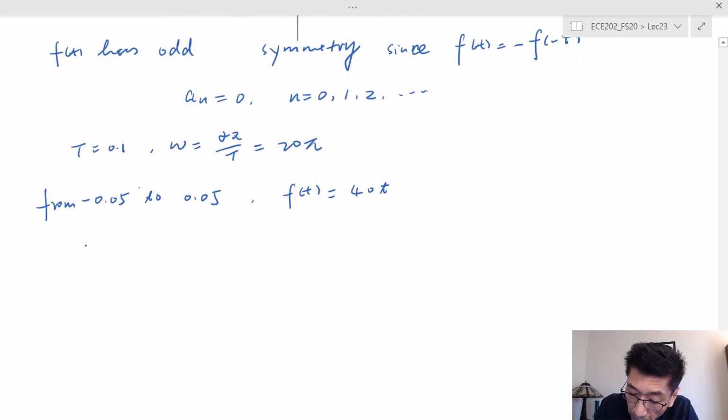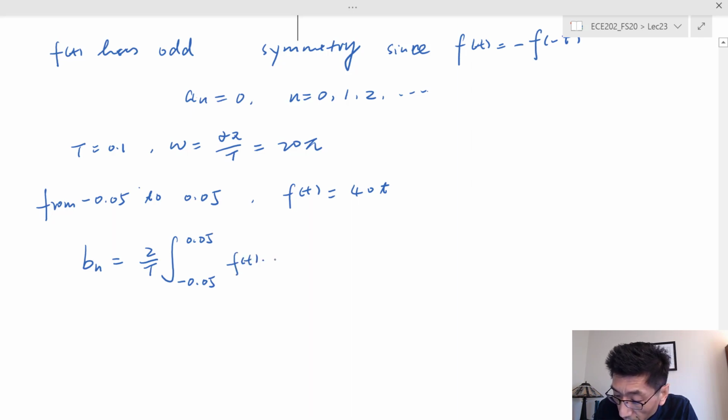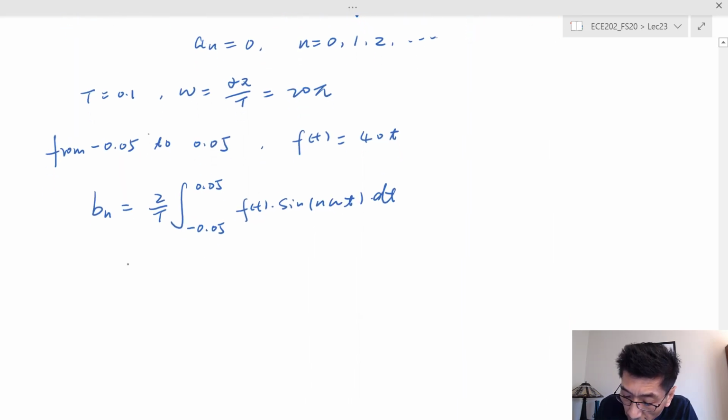So let's start with the bn, where n starts from 1 to infinity. bn is going to be equal to 2 over T, and the integration from negative 0.05 to 0.05 of f(t) sine n omega t dt. Let's plug in the numbers. T is equal 0.1, so I get a 20 there, because 2 divided by 0.1 is 20.